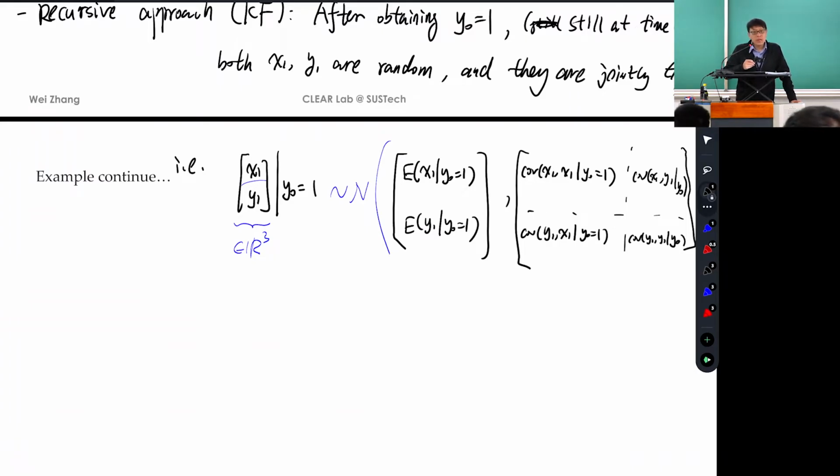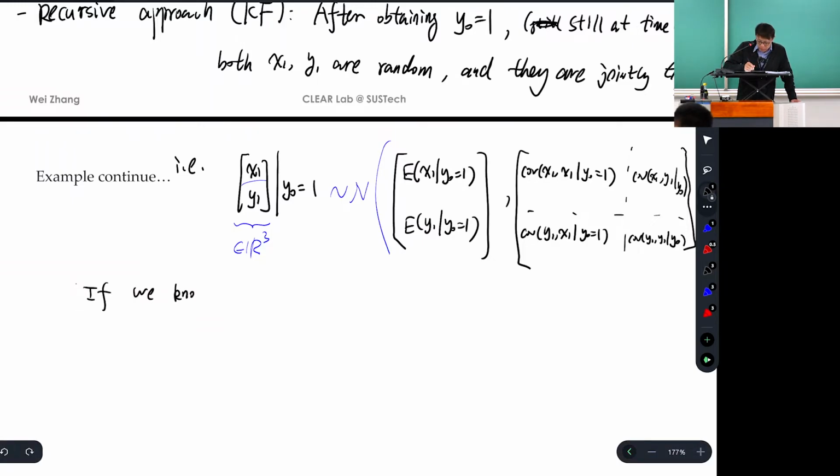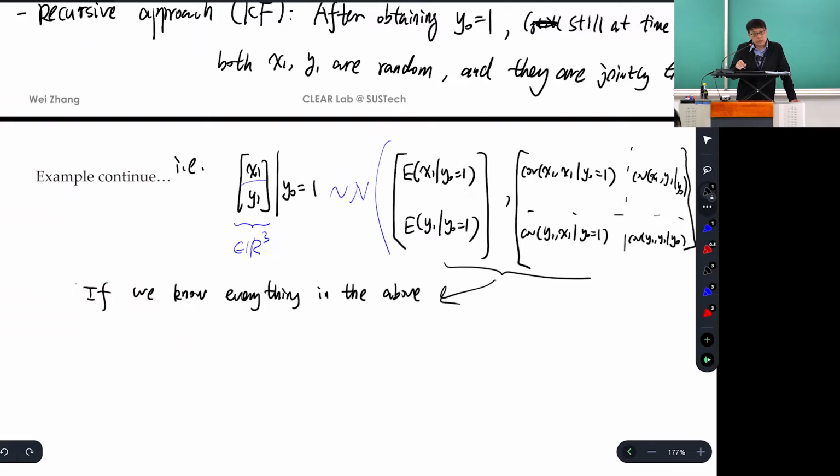Okay, now comes the key part. Suppose we know everything in the above distribution here, everything in this mean and the covariance matrix, suppose we compute them.